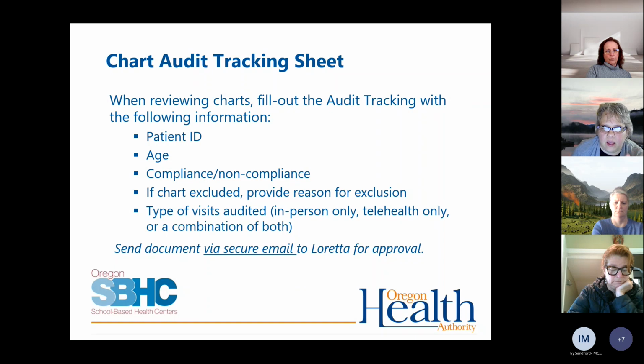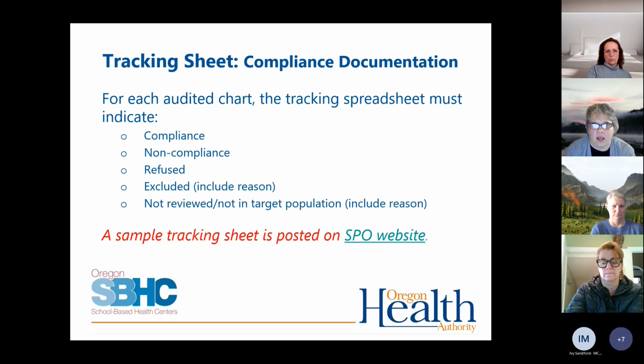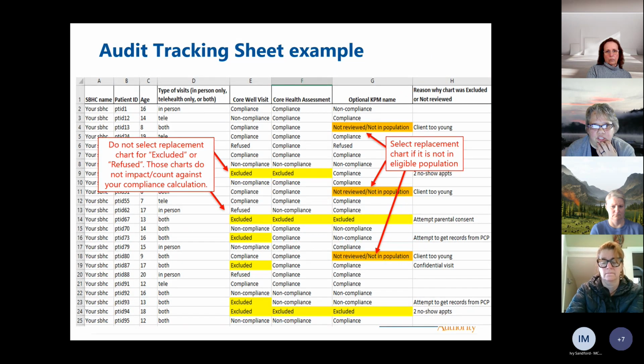And there are all these columns: a patient ID column, an age, a column for whether or not they're compliant for each one of the measures, if the chart was excluded, and if the client had only in-person visits, telehealth only, or a combination of both. And right here is a sample spreadsheet. This is actually what the document on the website looks like.